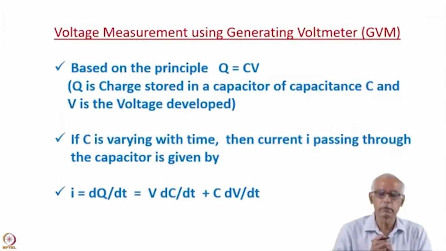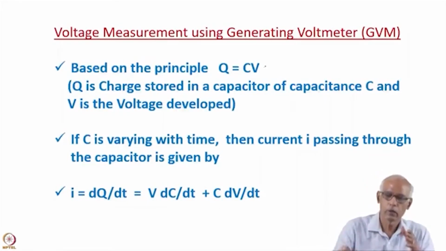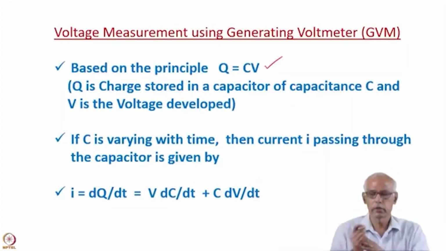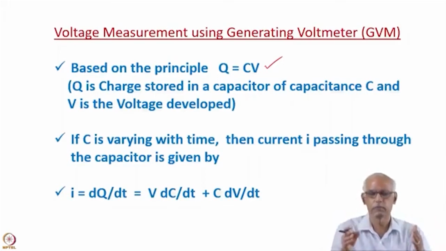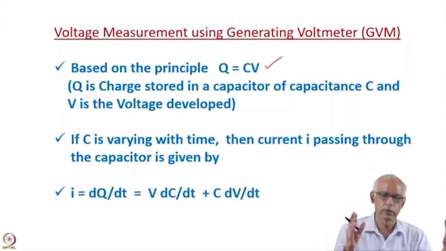Now, how is the voltage measurement done? Let us try to analyze it. We know that Q is equal to CV. That means the charge induced is proportional to the voltage, because the electric field is proportional to the voltage, distance, etc. Therefore the charge induced on the plate or the disc is proportional to the voltage which you want to measure.